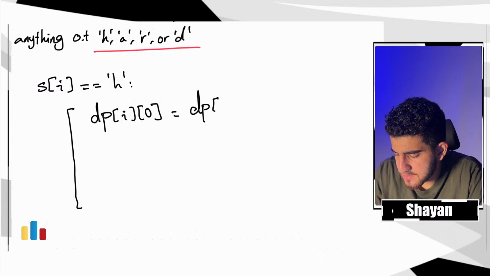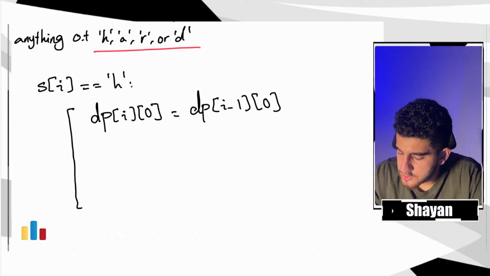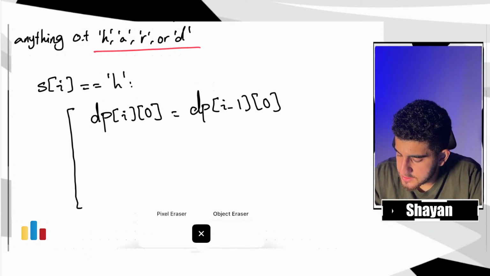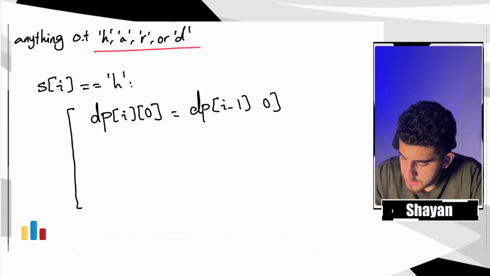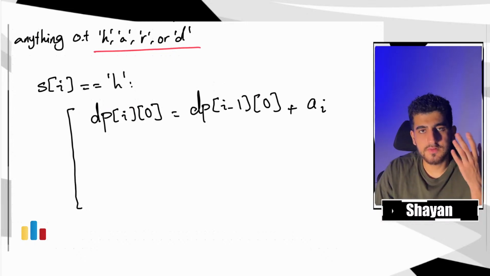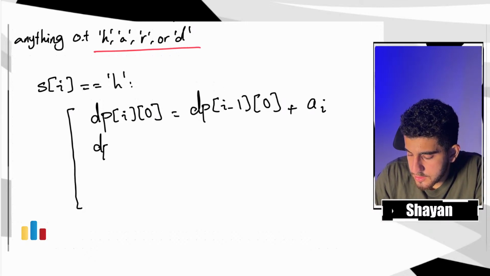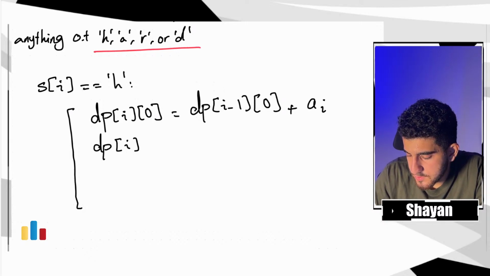This is the case where we do not want to even have H's, so all the H's must be removed. So this is DP of I minus 1 and 0 plus A sub I, because S sub I is equal to H. So this one must be removed. What about DP of I and 1? What can we say about DP of I and 1?